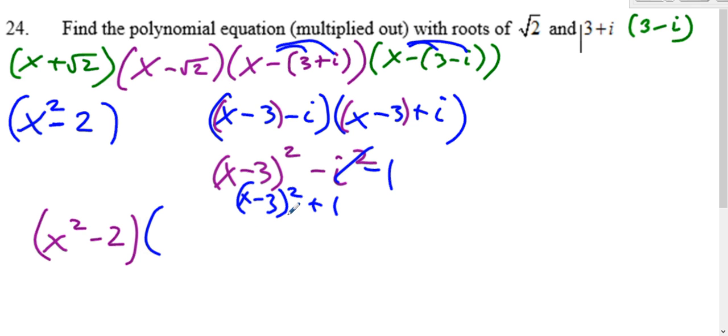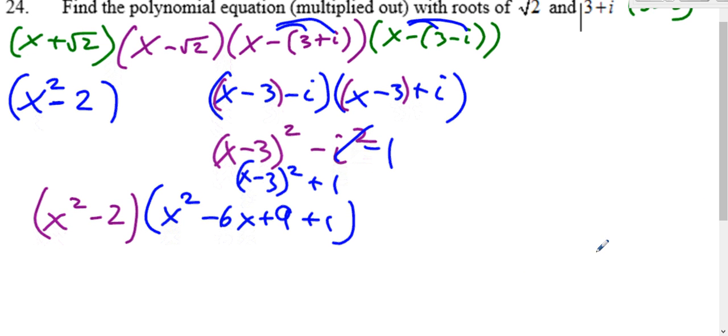So x minus 3 times x minus 3 is x squared minus 6x plus 9, plus 1 from the plus 1 right there. We can combine the 9 plus 1 to be 10, so this is x squared minus 6x plus 10.